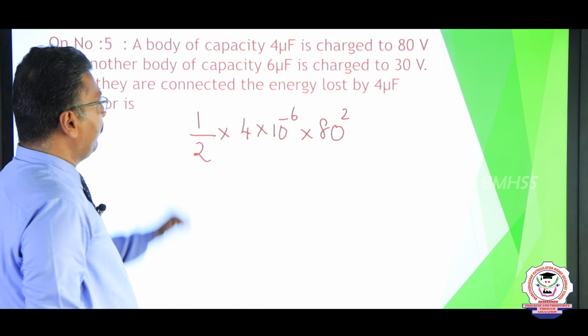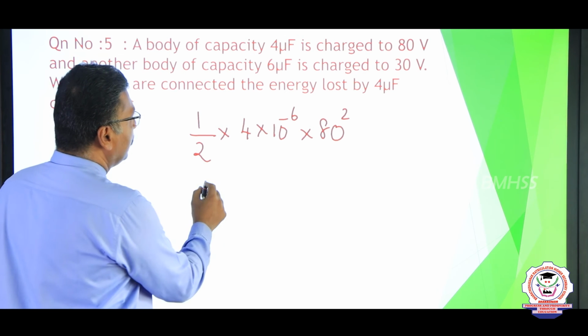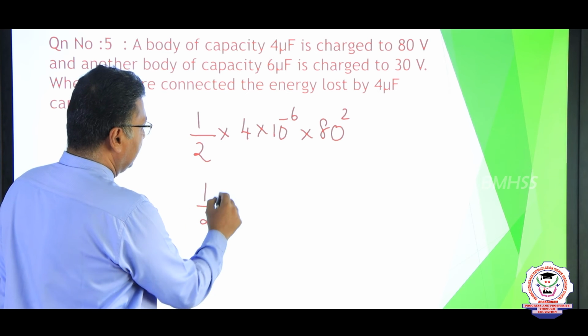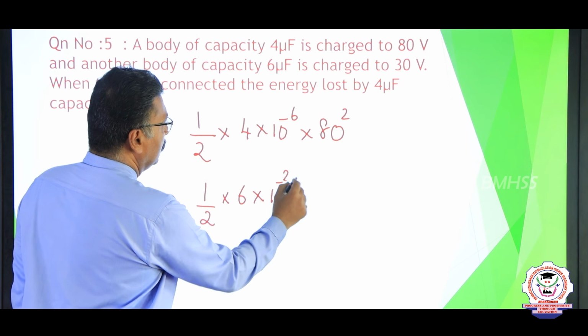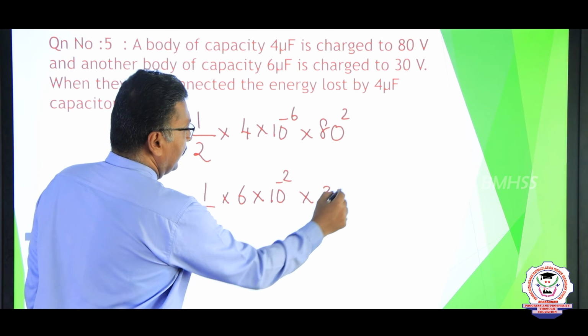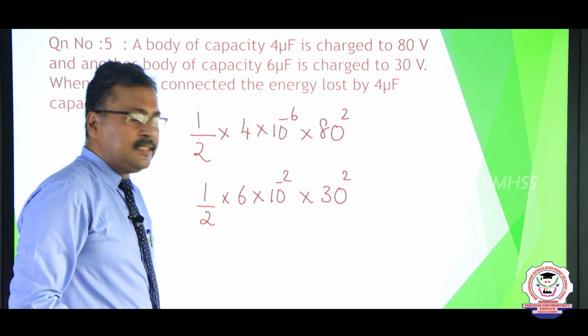Then we have 6 microfarad. So half into 6 into 10 power minus 6 into 30 square. These are the two energies you get.